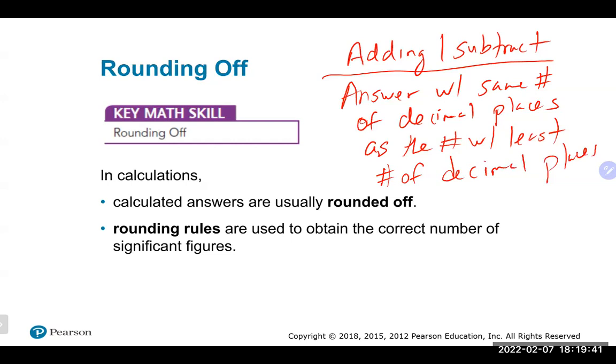So when multiplying and dividing, we look at significant figures. When we add and subtract, we're actually looking at decimal places. It is the least.